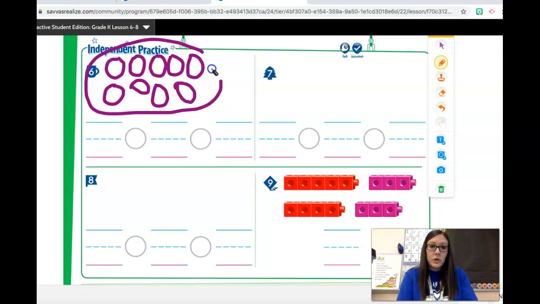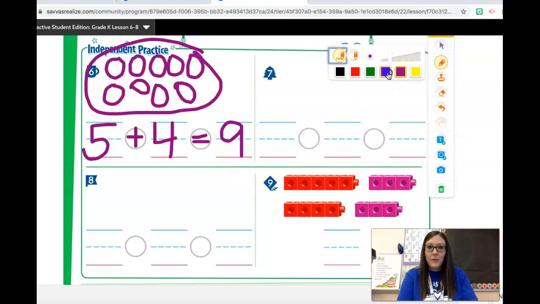Draw a circle to show that you're counting the whole group. 5 plus 4 more equals, how many were there in all? 1, 2, 3, 4, 5, 6, 7, 8, 9. 9 bananas in all. 5 plus 4 equals 9.